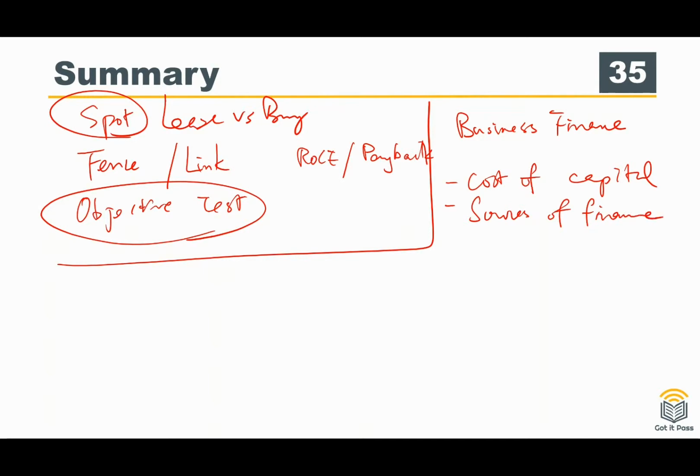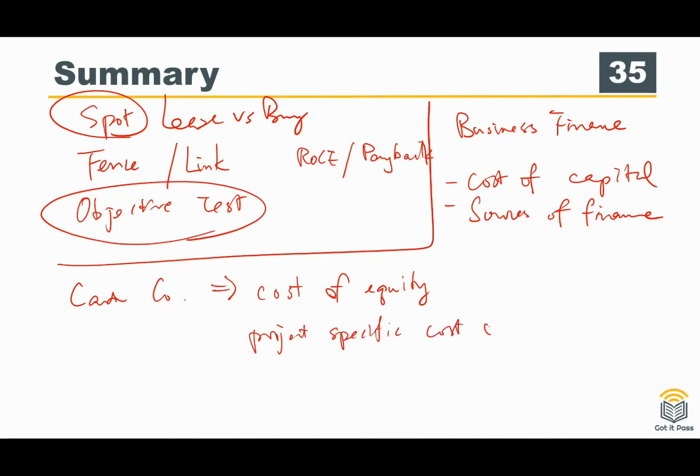And in the last section of the class today, we mentioned the past paper Car Company, which is explaining how to work on the cost of equity, how to estimate the project-specific cost of equity, okay, and we have 2 discussion questions, the first one being DGM versus CAPM.